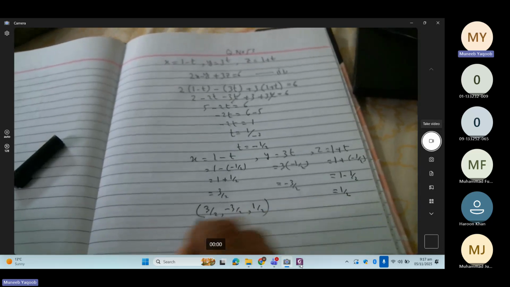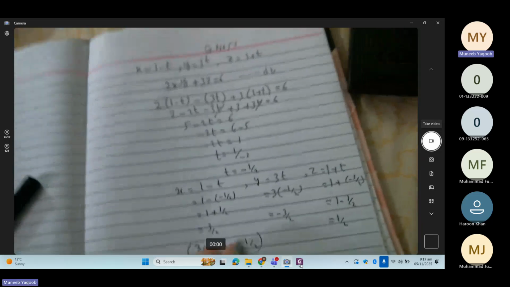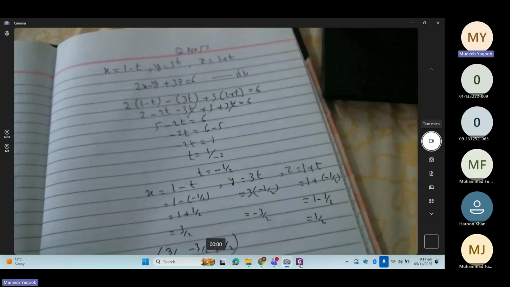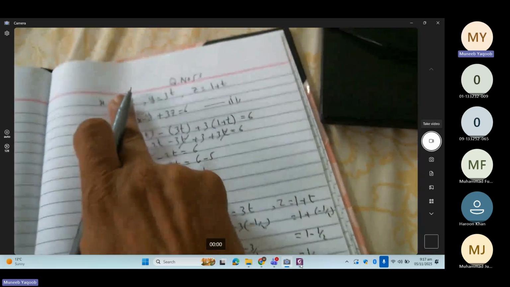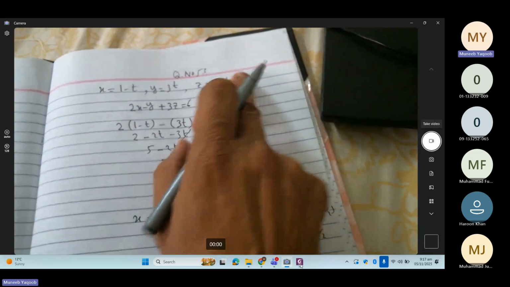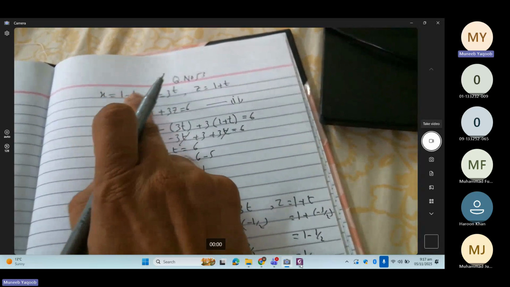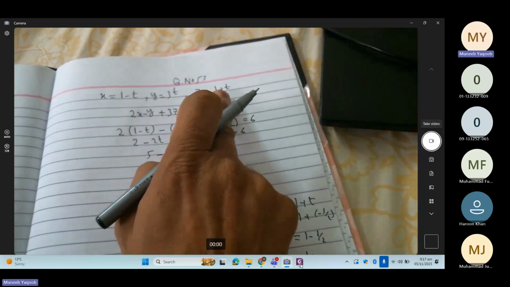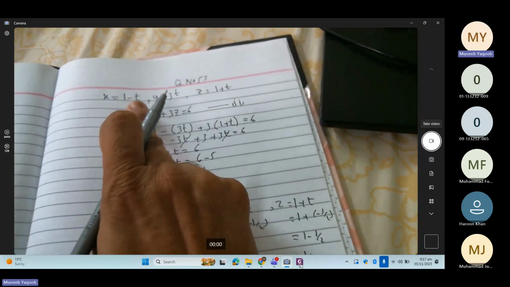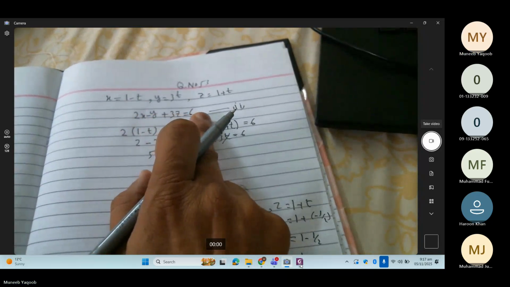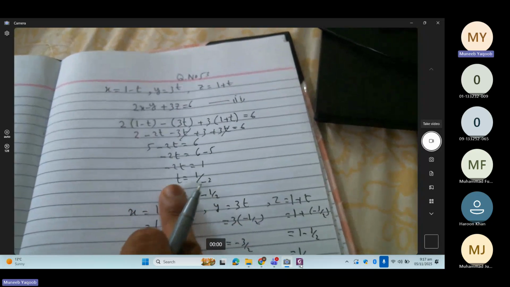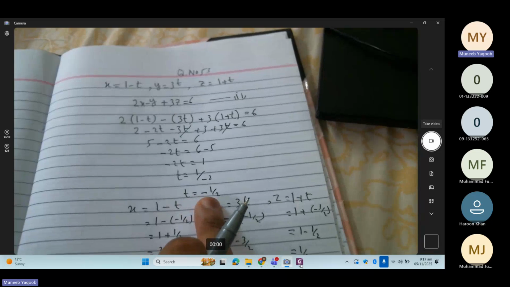So this is how we find the point of intersection of a plane and a line. Since we have been given the parametric equations of the line, using those parametric equations in equation number 2, we found the parameter t, which was t equals minus 1 by 2.